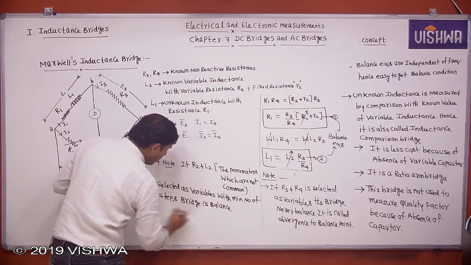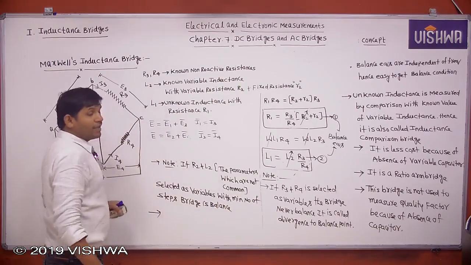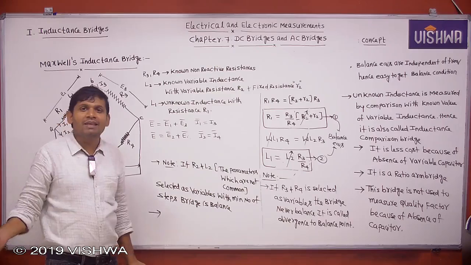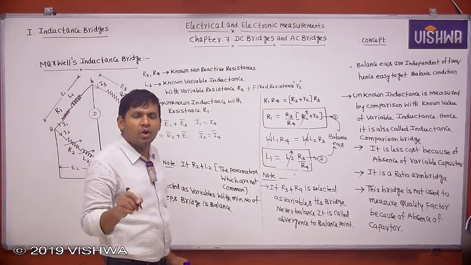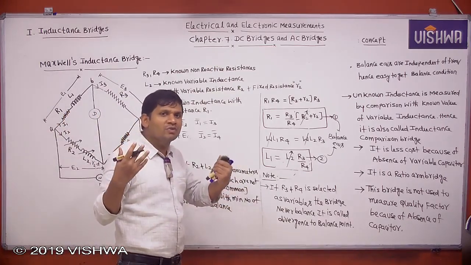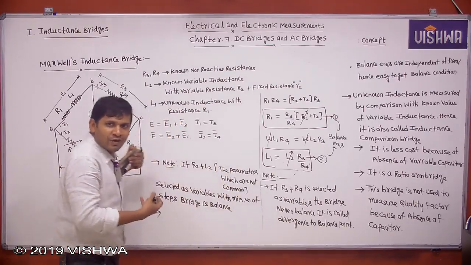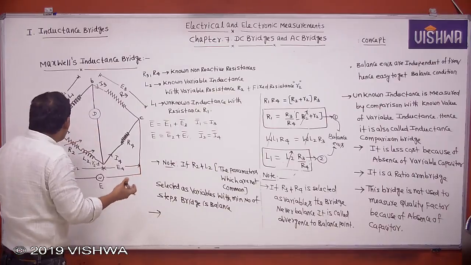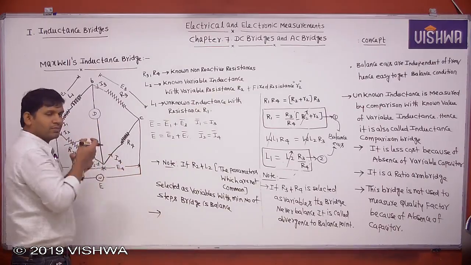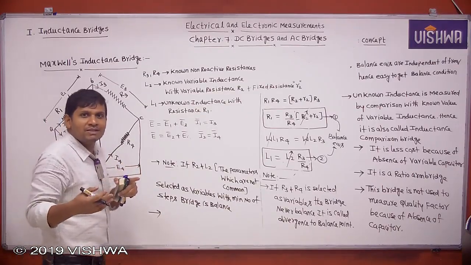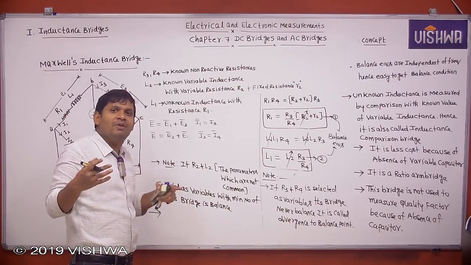Okay, but one more point to remember. We select the parameters which are not common. In some bridges, take the example of Maxwell's inductance bridge, the selected parameters may be lying on the same arm. In some bridges, the selected parameters may be on different arms.